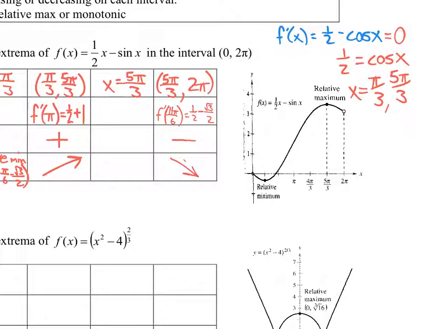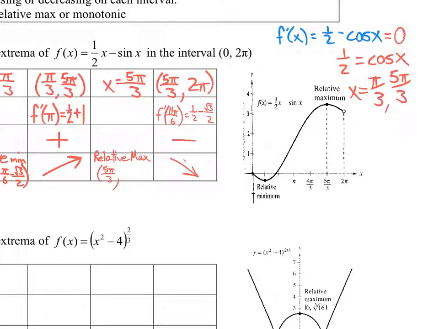So our function is negative. It's decreasing. Our function is decreasing when our derivative is negative. So that means this point right here at 5 pi over 3 is what? That's a relative max. Okay? Relative max point at 5 pi over 3.